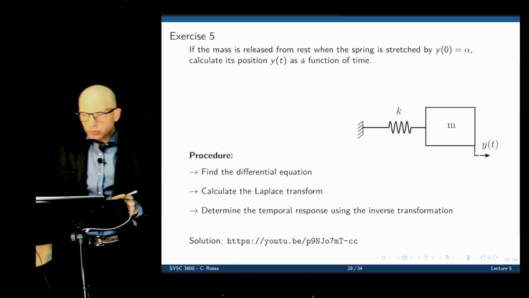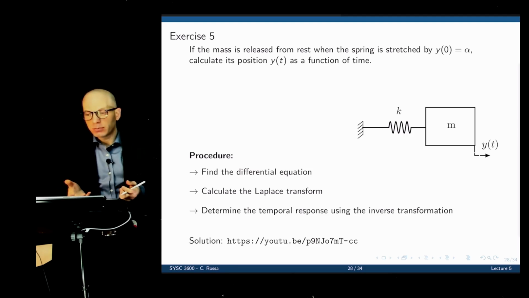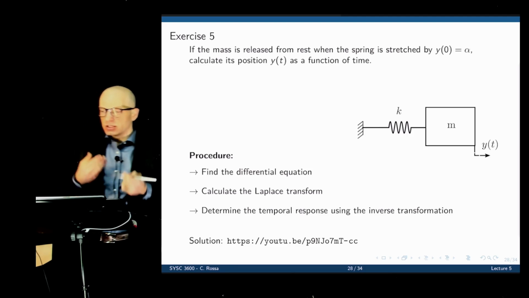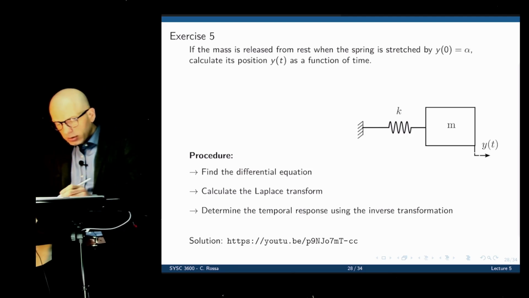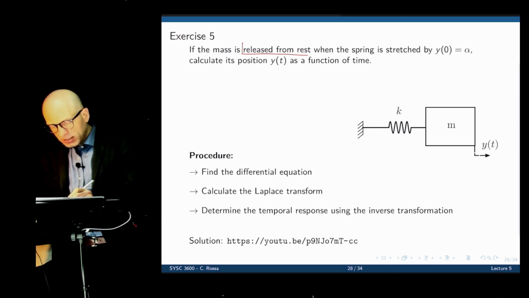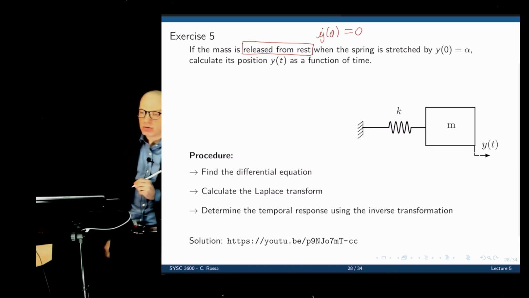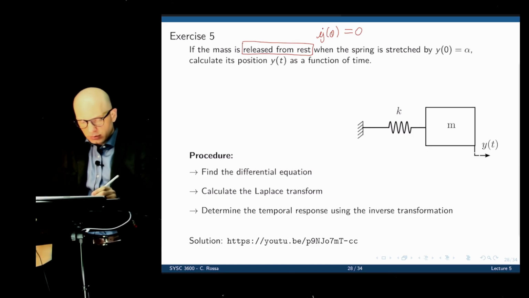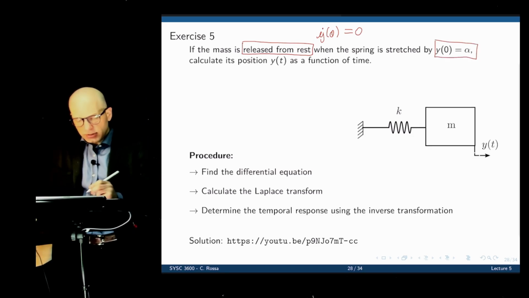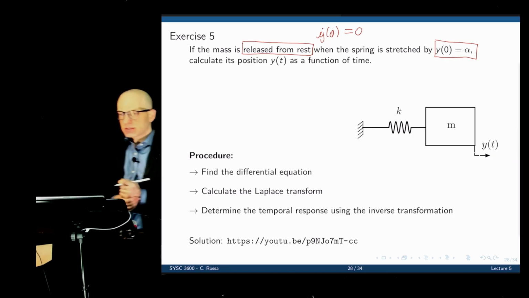So from the first one, if you're dealing with this mass spring damper system and y is the displacement, the problem says release from rest. This means that y dot at 0, the speed at time 0, is 0. The second portion of the statement says that y of 0 is alpha.